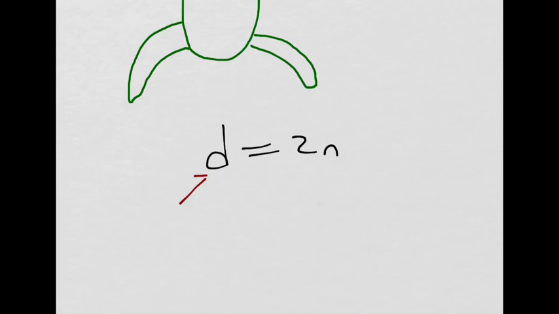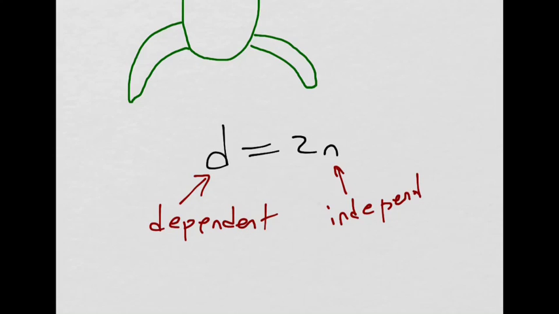We determined that d was the dependent variable, and n was the independent variable. The value of d depended on the value of n. How far the frog jumped depended on how many jumps he took.